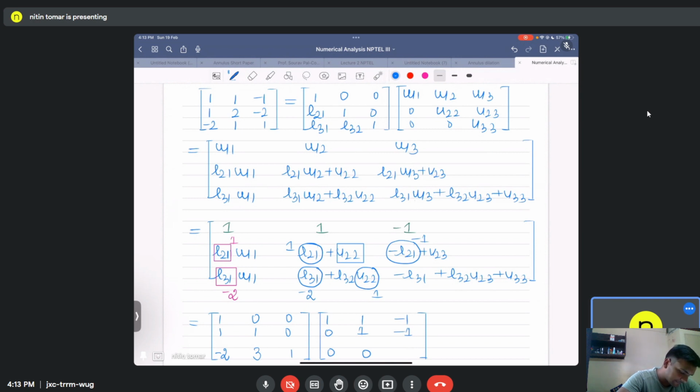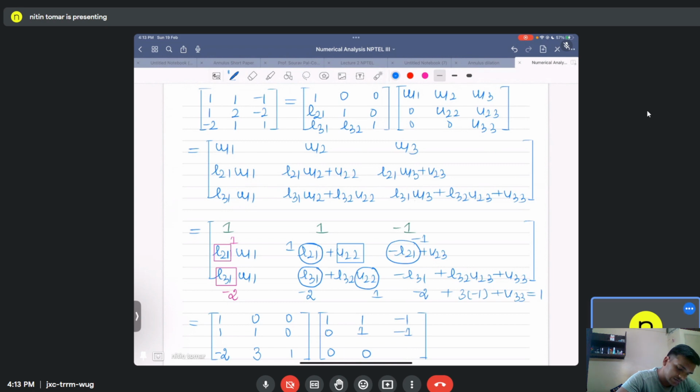You just put this value. L31 is minus 2, so 2, then plus L32 is 3, U23 is minus 1, and U33. All this value has to be equal to 1. Correct? Yes, sir. So here it is plus 2, I think.